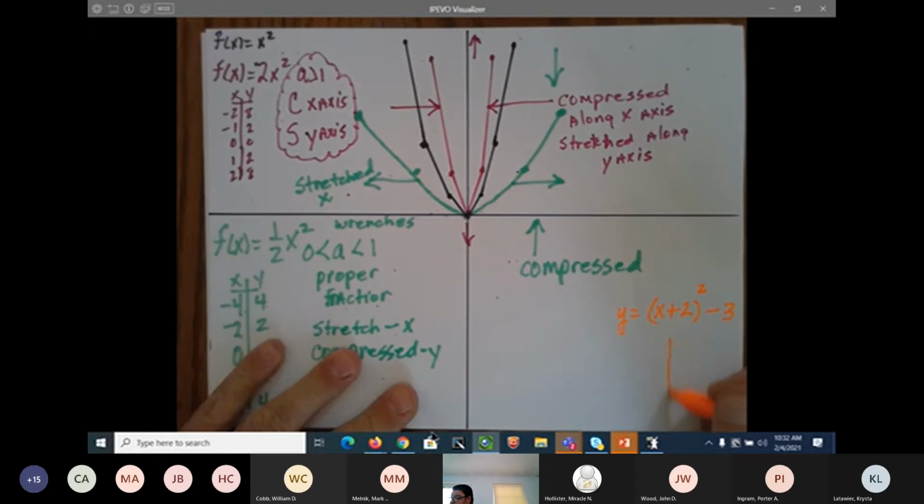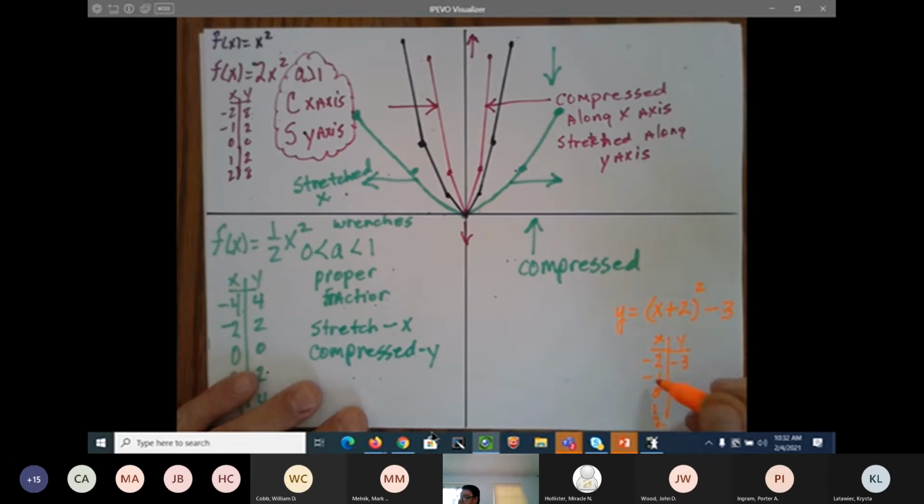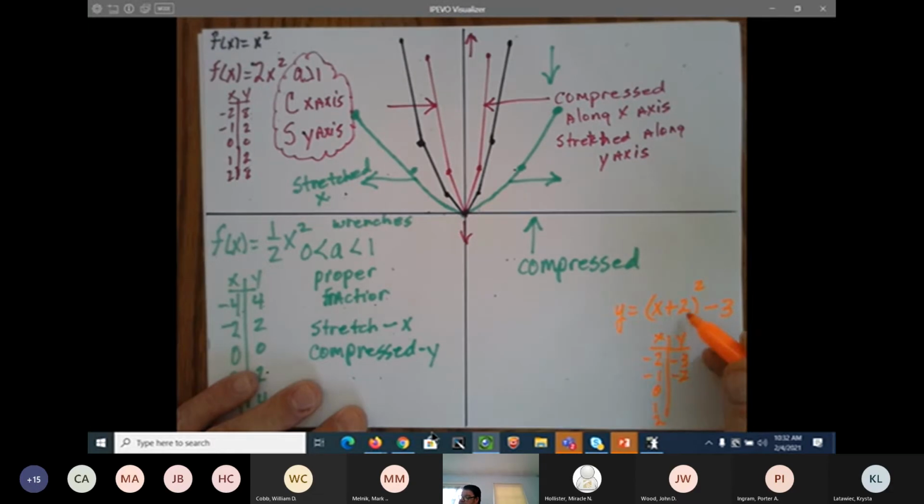Let's go ahead and do it. x and y: -2, -1, 0, 1, and 2. -2 plus 2 is 0, 0 minus 3 is -3. -1 plus 2 is 1, 1 squared is 1, minus 3 is -2. 0 plus 2 is 2, 2 squared is 4, 4 minus 3 is 1. 1 plus 2 is 3, 3 squared is 9, 9 minus 3 is 6. 2 plus 2 is 4, 4 squared is too big, so I'm not going to do 2. Let's just do these.